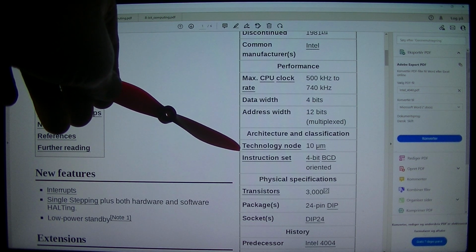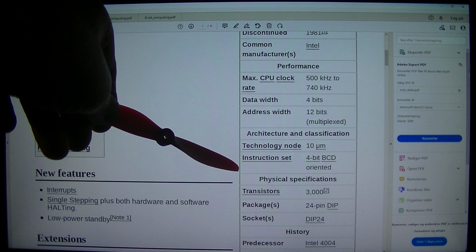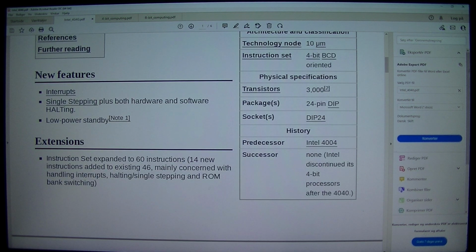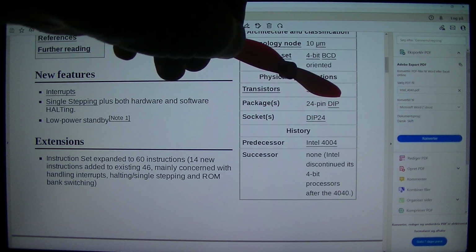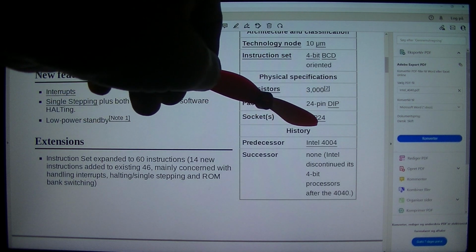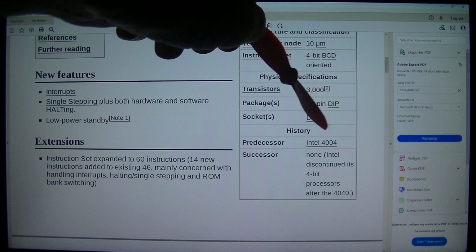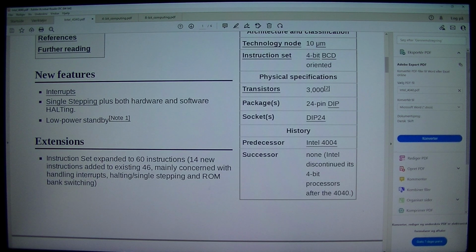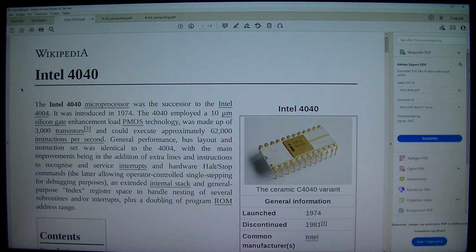Architecture and classification: technology node 10 µm, instruction set 4-bit oriented. Physical specifications: transistors 3,000. Package: 24-pin DIP. Socket: DIP 24. History: predecessor Intel 4004, successor none. Intel discontinued its 4-bit processors after the 4040.